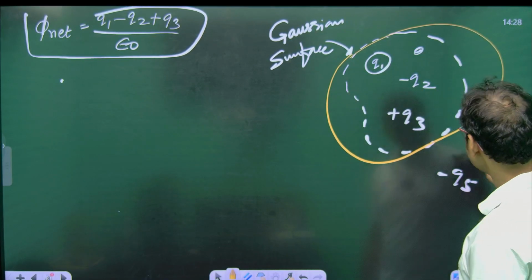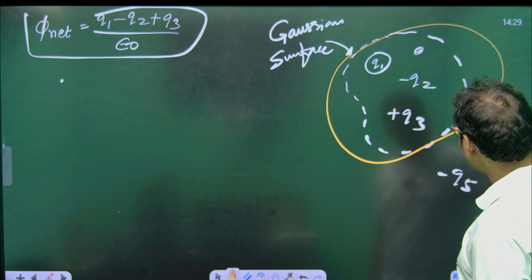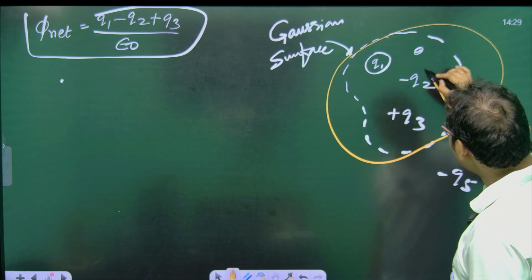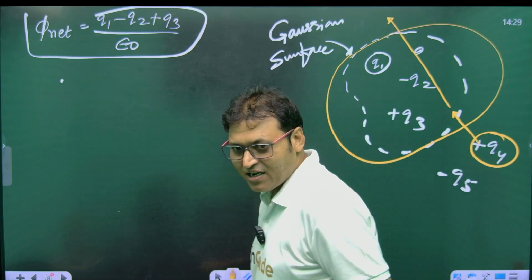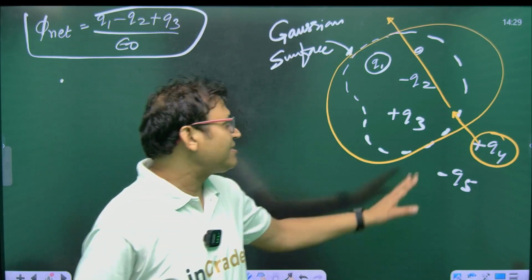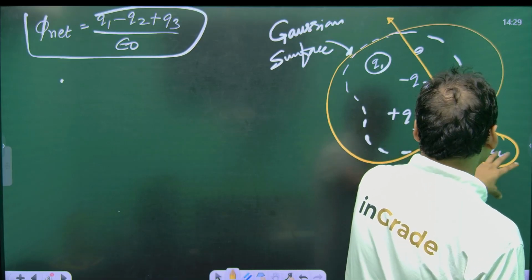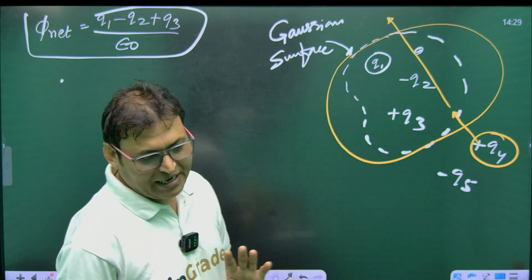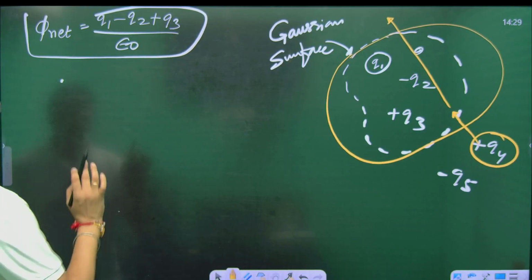The charge will generate an electric field which will enter from here and then leave from here. So the number of electric field lines entering will be the same as the number leaving. So there is no contribution of outside charge in the calculation of flux. I hope that is clear.